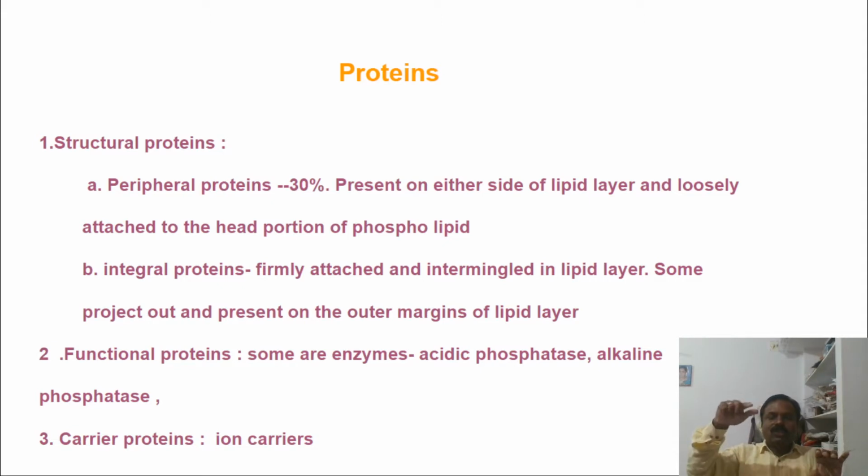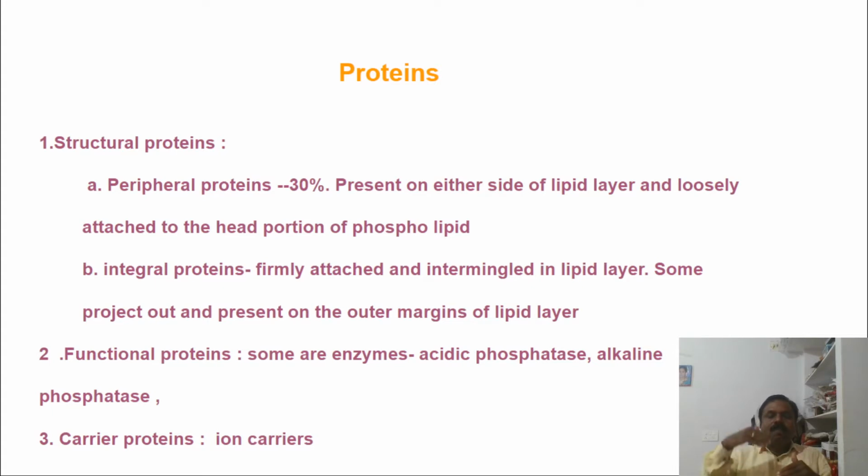So it is attached to this phosphate molecule, and these are present peripherally, not inside the lipid region. Whereas integral proteins are present inside the lipid region. Peripheral proteins are present on the lipid region. Integral proteins are present inside the lipid region.